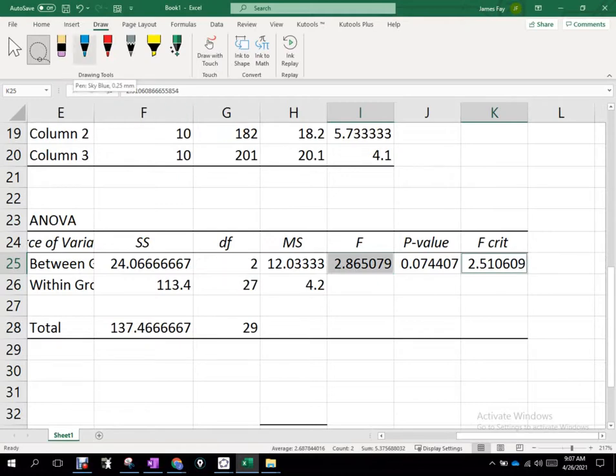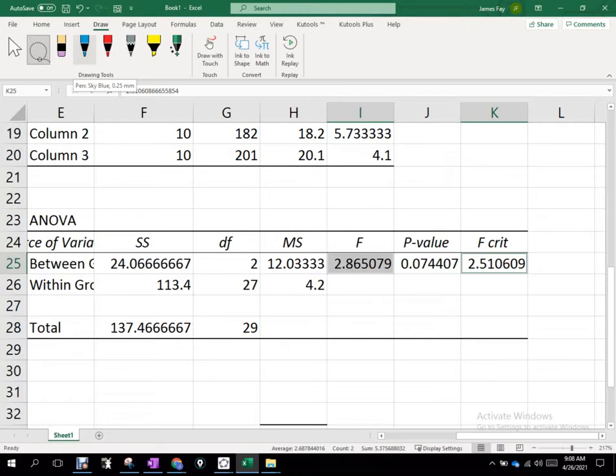I take F and compare it to F crit, the critical value, and I can make my decision there. Or the most important value up there is the p-value. P-value is 7%. How does that compare to 10% alpha? It's less than, so we would reject. Do you see how that is much simpler?